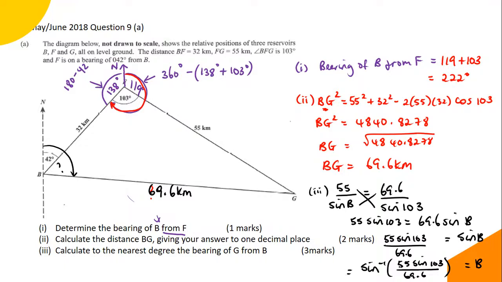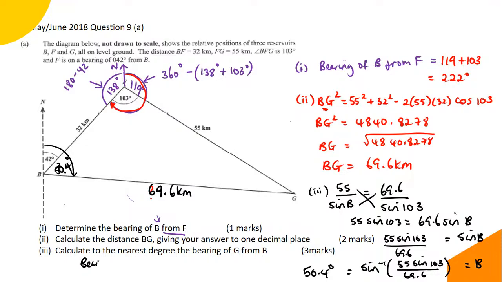Okay, so it's sine inverse of 55 sine of 103 divided by 69.6, and that will give you 50.4 degrees. So this angle in here is 50.4 degrees. Remember, we are not done, right? Like in the previous question, I totally forgot to do it, and then we did it after. So the bearing of G from B, right?